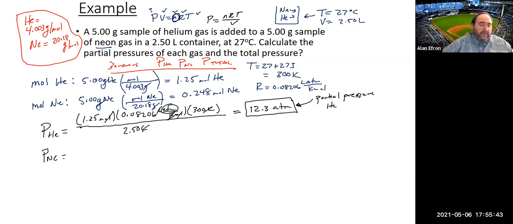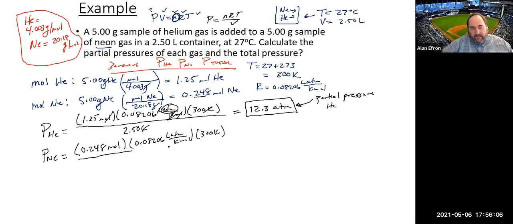The only thing that changes is that we use the moles of neon, so we'll put that number in here. Because they're in the same container, everything else is the same, all divided by 2.5 liters.